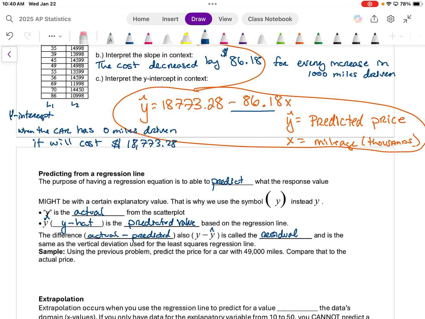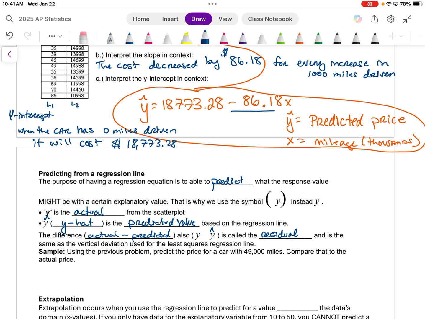The smaller the residual, the closer you are to the prediction line, which means the prediction was not off by much. The bigger the difference, the further the predicted value is from the actual value. But again, the difference is called the residual.